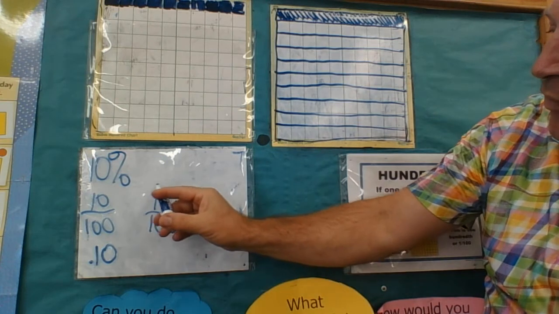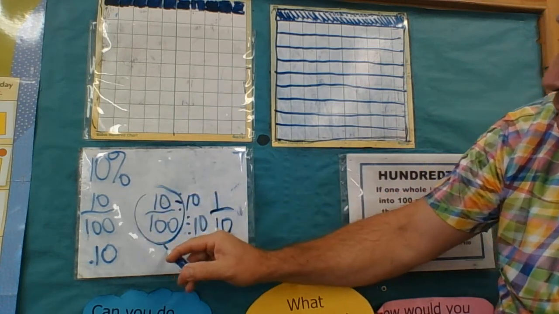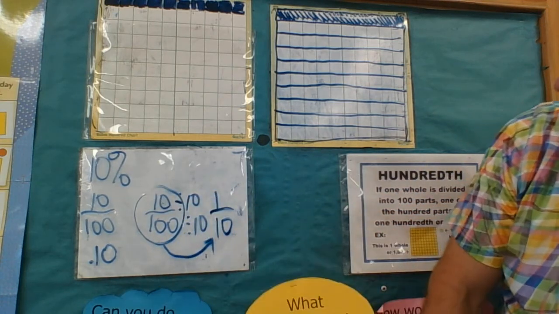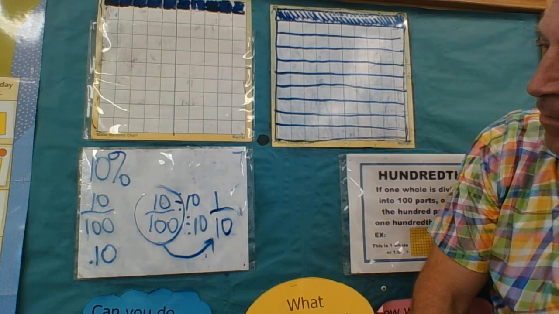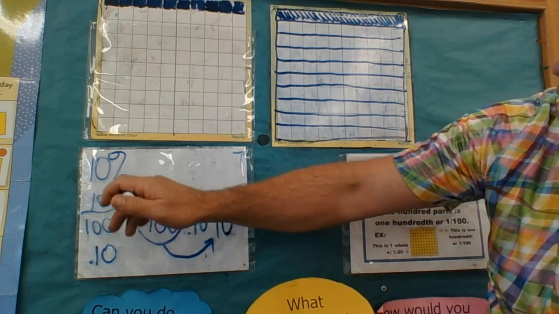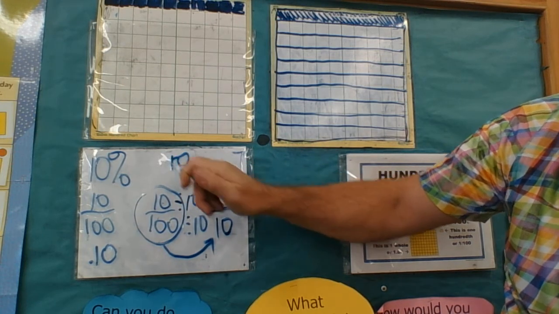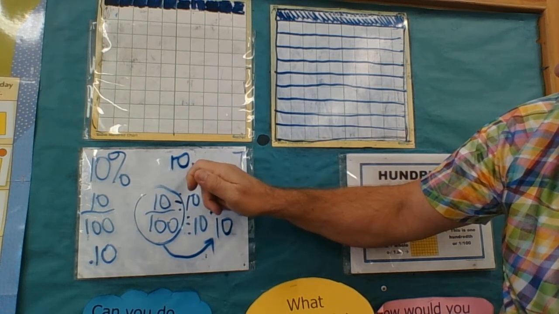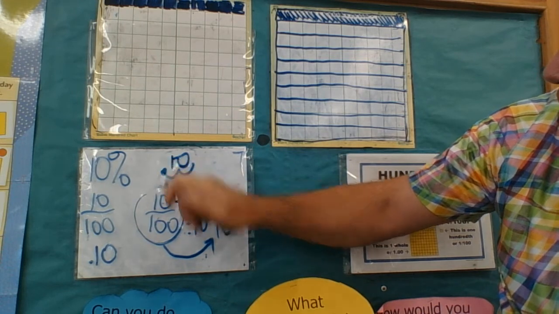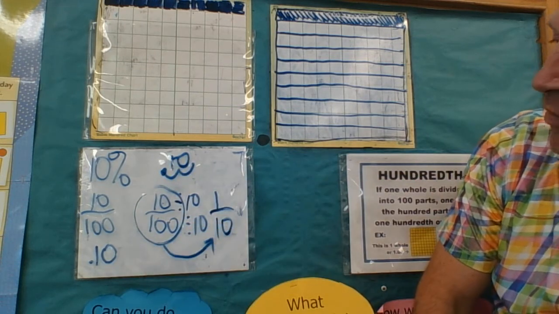And so now I simplified 10 hundredths to the same value as 1/10. And the percent, we know to convert a percent, you write the number that's in front of the percent sign and move the decimal point over 2 spaces. And that gives us the same thing as our decimal value.